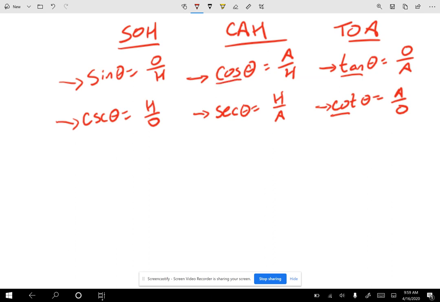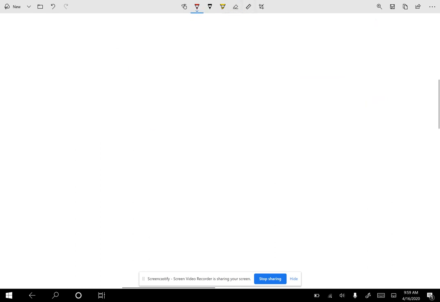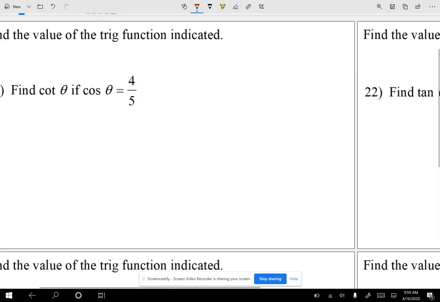The same thing with cosine and secant. Secant looks kind of like cosine backwards, and yes, secant is the reciprocal of cosine. Cosecant and sine don't quite look like each other, but they are reciprocals of each other as well. Okay, having said that, let's take a look at our work.